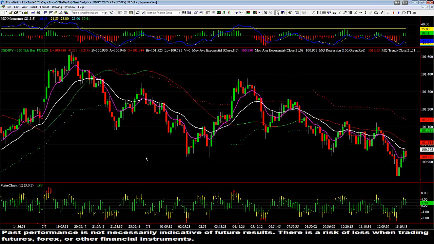But if we look over here on our 250 tick chart, you see that the high over here was where the trend line was retested. You see price went back down. You can use this MQ trend as sort of a stop loss monitor if you want to. I've done that before for some trades, especially trades of this size on a daily chart.